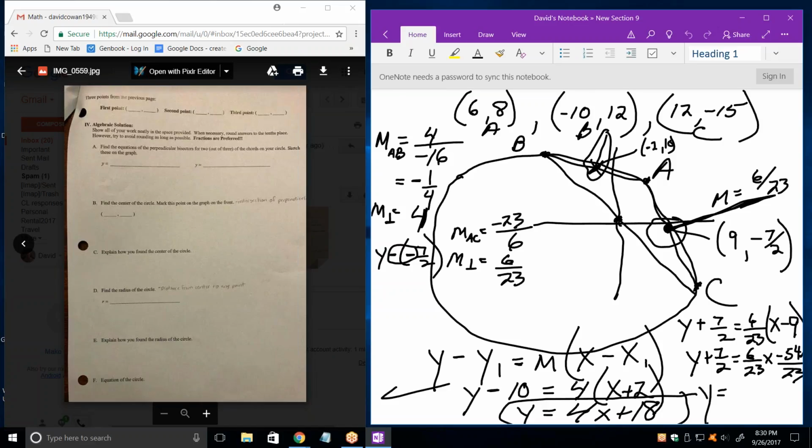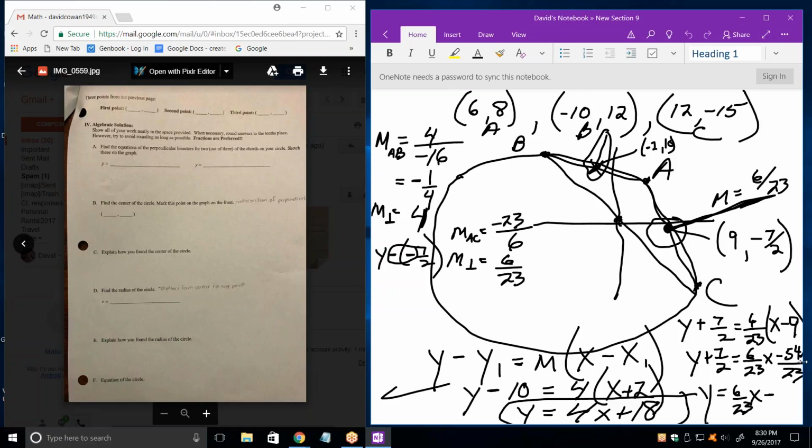So y equals 6/23 x minus whatever 54/23 minus 7/2 is. I can do that on the calculator. We picked points that make our arithmetic harder. But we picked them.